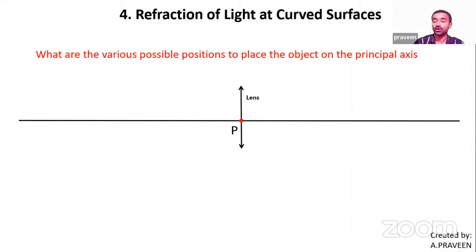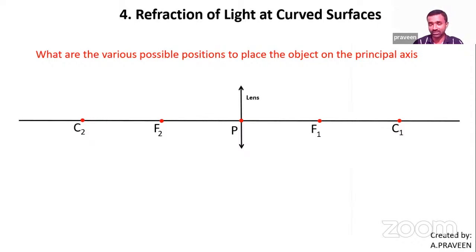Yes, we have known places: the focal points as well as the centers of curvature on the principal axis. On either side, left or right, we know two points: the focus and the center of curvature.